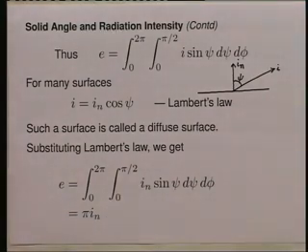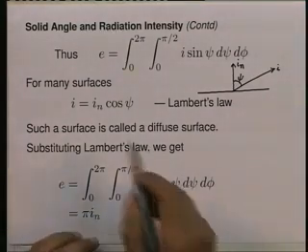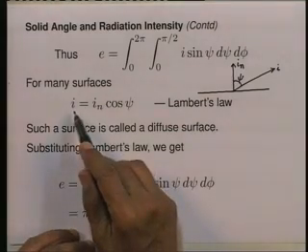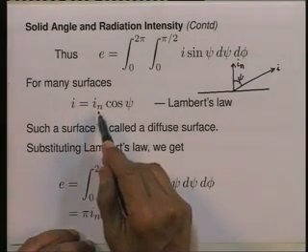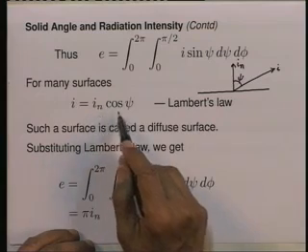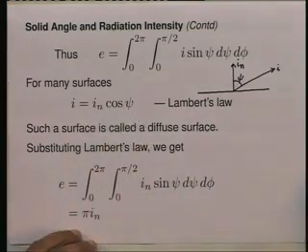Then Lambert's law says I, the intensity in any direction, is equal to I n, the intensity in the normal direction, multiplied by the cosine of psi.